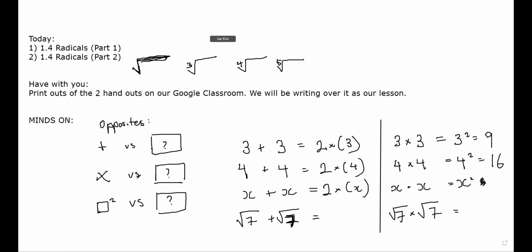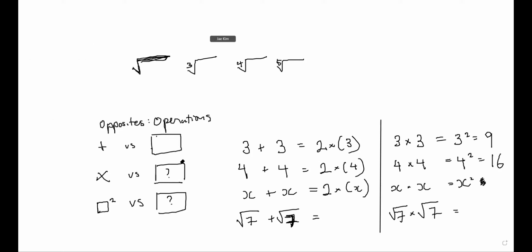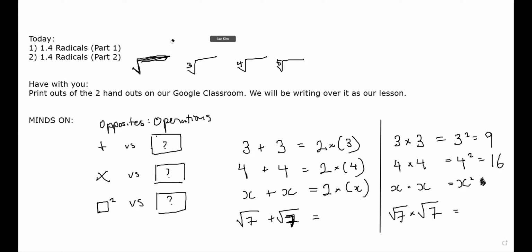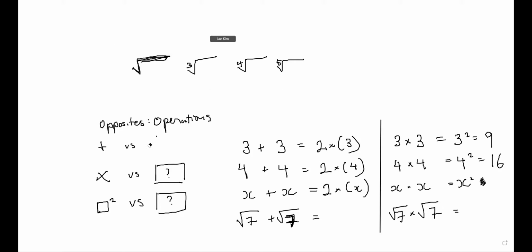I'll just go through this minds on and we'll do the lesson first before I ask people for their input. Just listen carefully. Opposite in terms of operations. The opposite of addition would be subtraction.